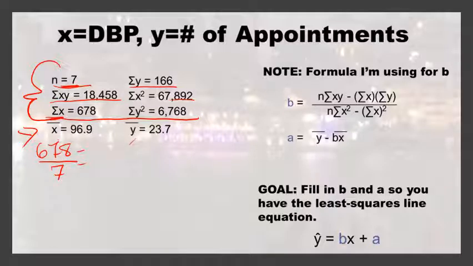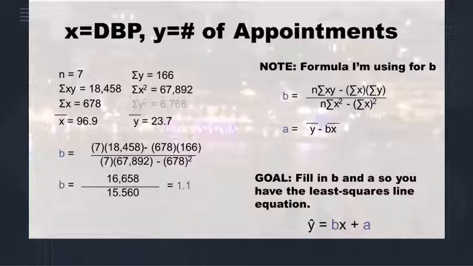Once you do that, you will get 96.9. You do the same thing with the Y. The sum of the y's was 166, and we divide that by 7 as well, and you should get 23.7. So that's settled. We did that part.